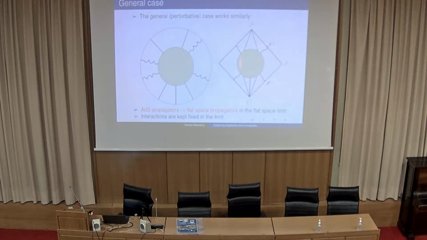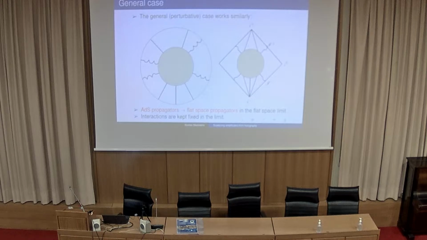And then the blob here indicates any loop order computation. So there would be bulk vertices and bulk propagators. And then the limit I discussed, you can do it piece by piece. So this is the corresponding amplitude in AdS, where now you have insertions in the boundary of AdS, and in the middle, you have arbitrary loop order.